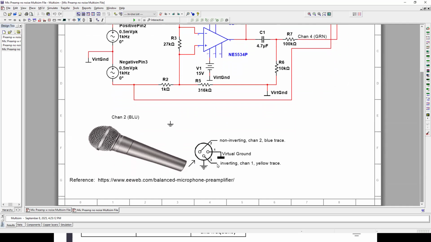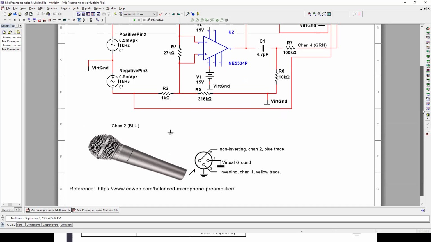Pin 3 is inverting. If you speak to the microphone, or put a sine wave generator on a speaker, you're going to have the inverted waveform. Over here on pin 2, you're going to have non-inverted, and here's the virtual ground. That's why we have three prongs on those professional microphones.